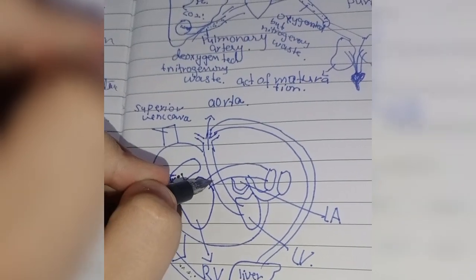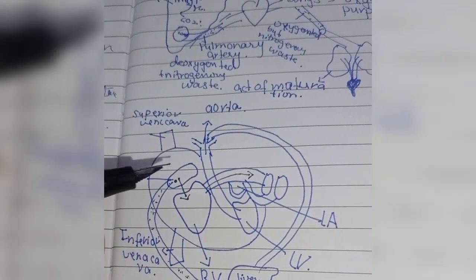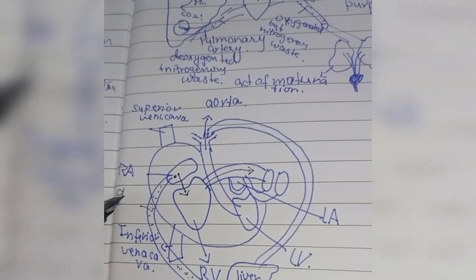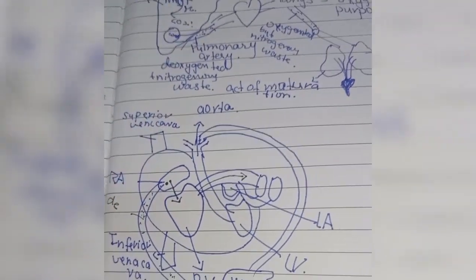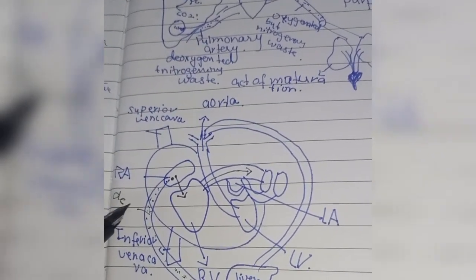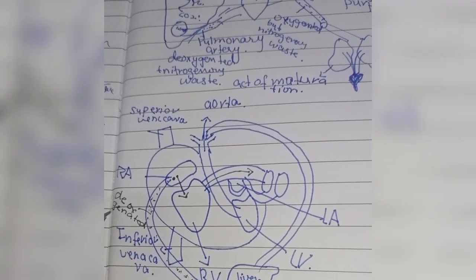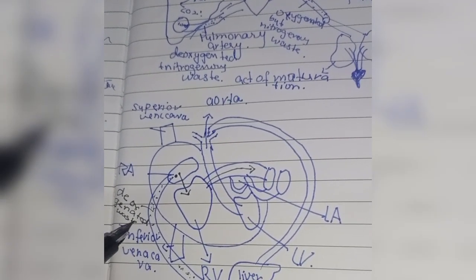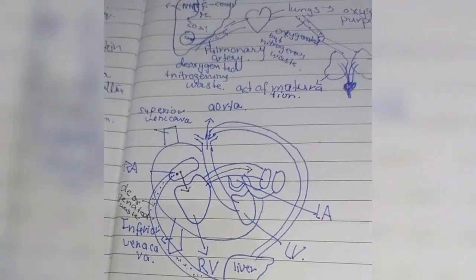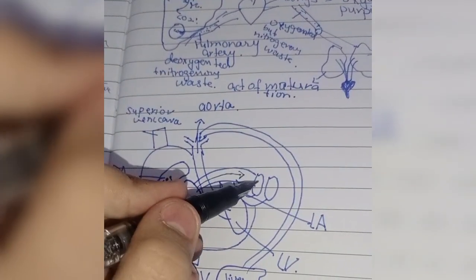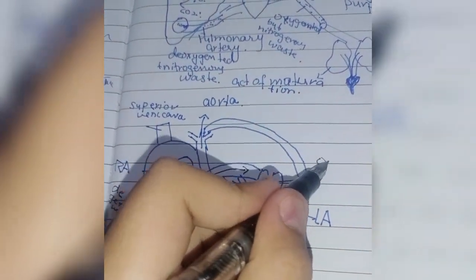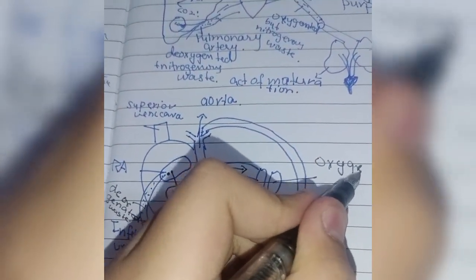Then it will move towards the lungs for oxygenation. This blood was deoxygenated, which was coming from the liver, with nitrogenous waste present. So it was moving to the lungs for the oxygenation purpose.